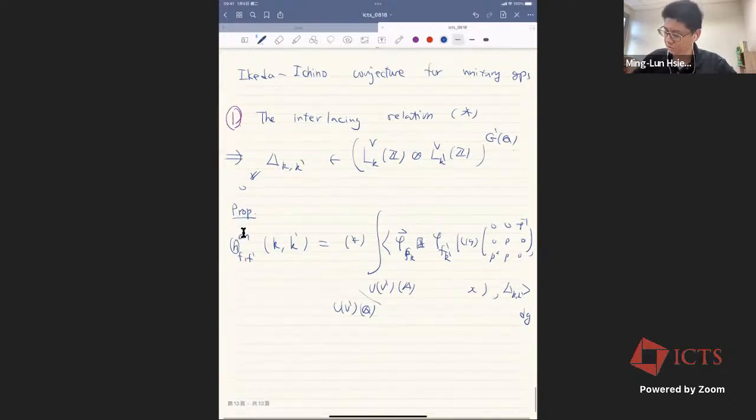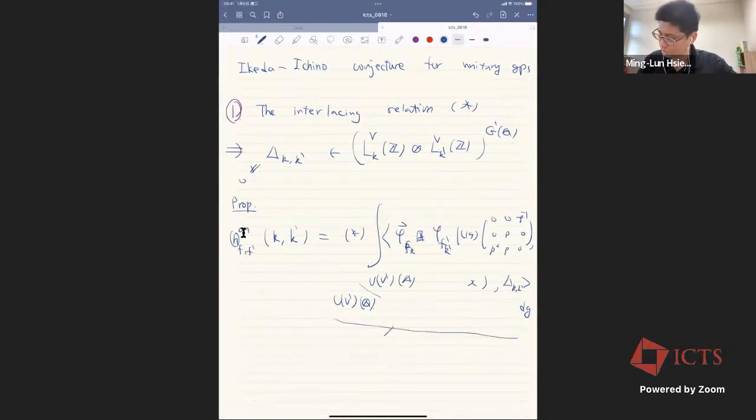Okay, so this is a period integral that we want to study.